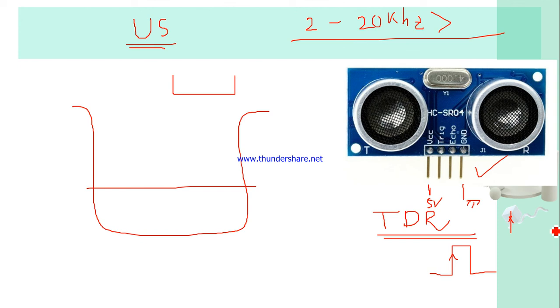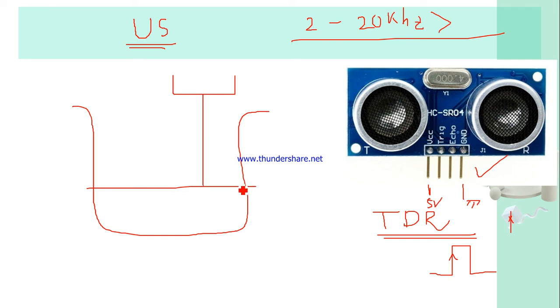Okay, so this echo pin can be connected to the interrupt of the microcontroller, and there the interrupt sense can be set as rising edge, and once you detect it, you find out the time difference between when the triggering started and the receiving of the echo, and through that you can find out the time of flight, and based on the same earlier radar principle, you can find out the level.